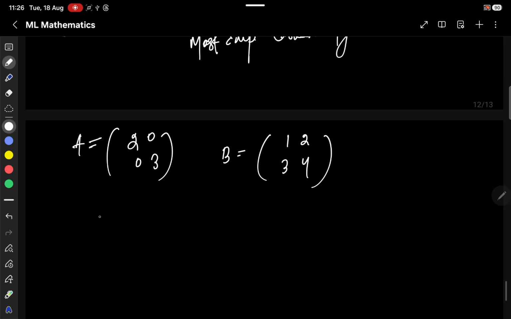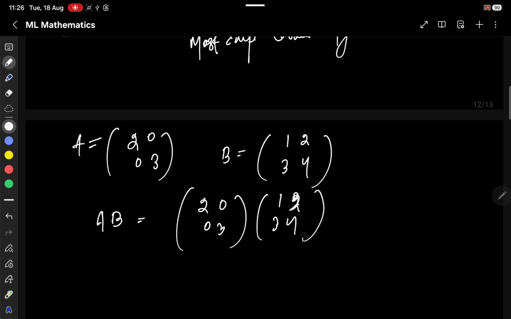What A B does is take 2 0 0 3 and 1 2 3 4 and multiply them. You take one particular row, multiply it with the column, and sum them. I will show you one by one.